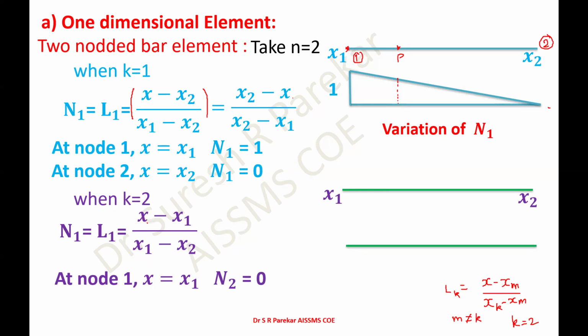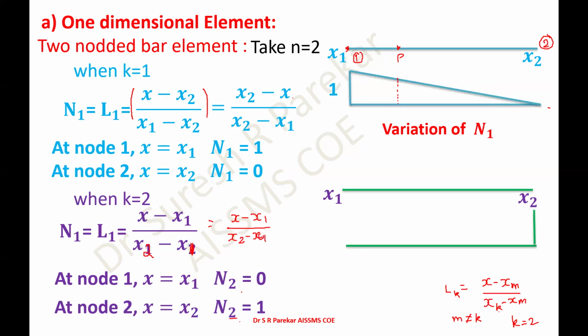If I put x equal to x2, we get x2 minus x1 in the numerator, because xk is x2 with k equal to 2. So it is x minus x1 divided by x2 minus x1, and at node 2 with x equal to x2, it becomes x2 minus x1 upon x2 minus x1, and this value will be 1.